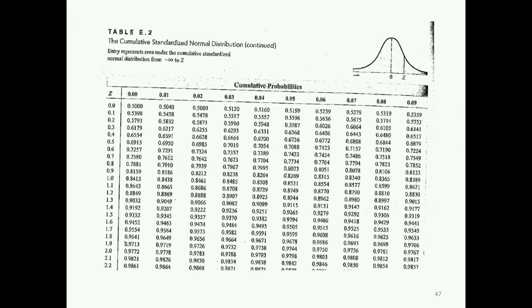So I want to know this one. First I go this way, but the question is here. I want to find this one, so I go this way because the table always tells me to the left, 0.7. That is 0.7580. So the whole this is 0.7580, and the rest would be 1 minus this.